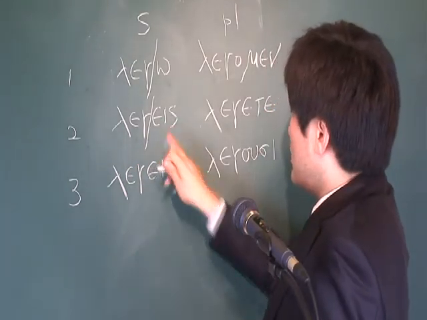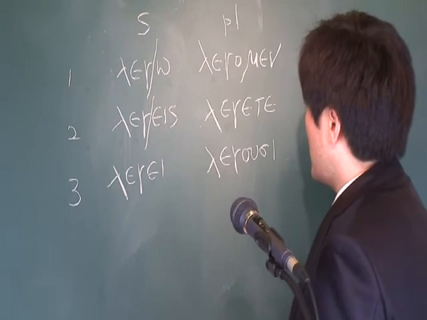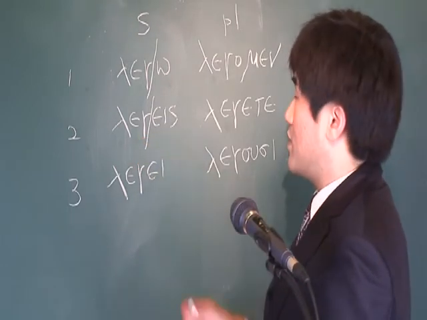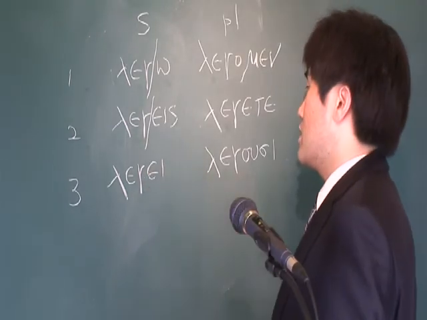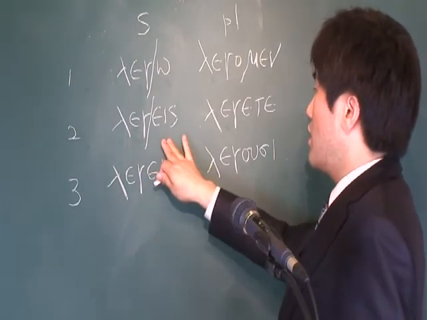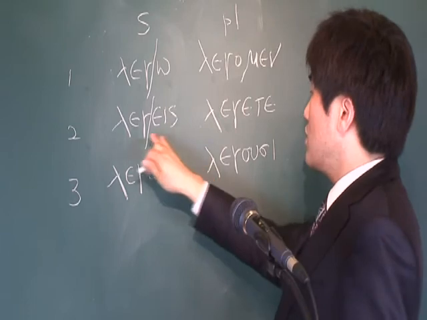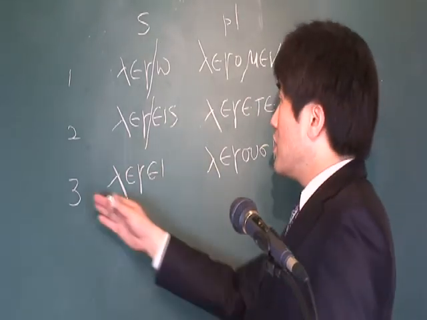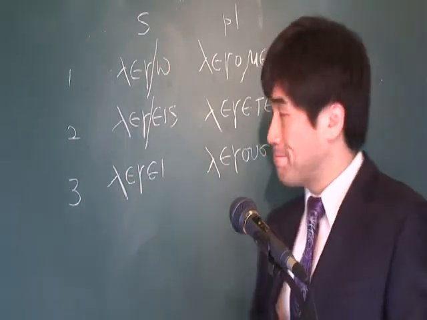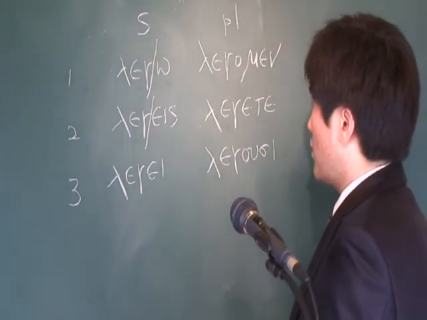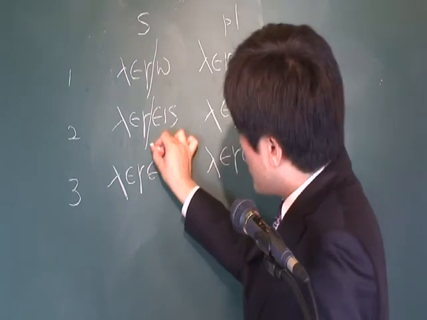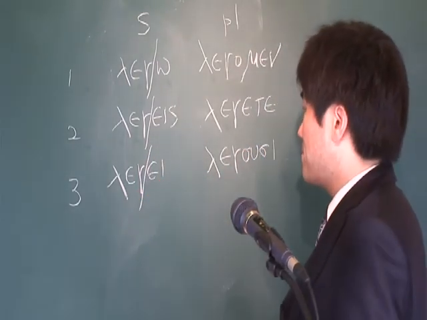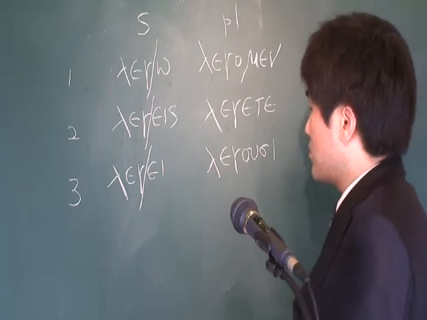Next, we will study a few grammar rules. We will use alpha as an example. There are 3 accents in Greek. Let's look at the names of the accents. Acute. Grave. Circumflex.